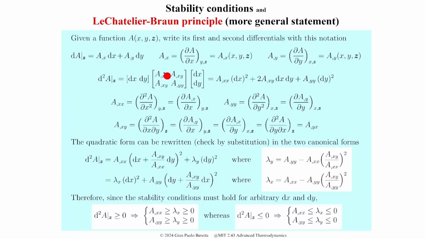So we have to have that AXX is greater than 0. And in fact, here that's what I have written. AXX is greater than 0. It's greater than something else and greater than 0. And also AYY is greater than 0.